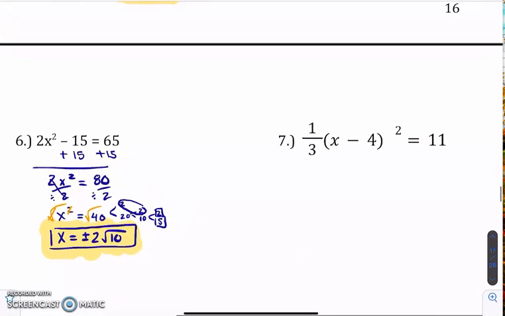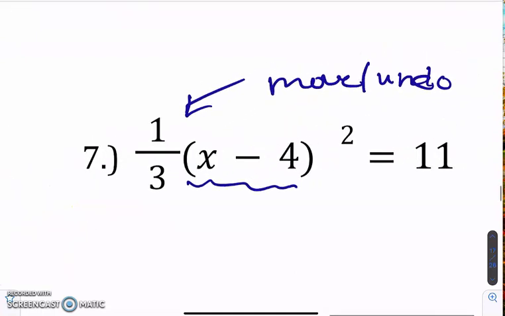So in number 7, we actually have a whole expression that's squared. So the only thing we have to move or undo is this 1/3. So 1/3 times x minus 4 squared. We have to recall how to undo fractions.